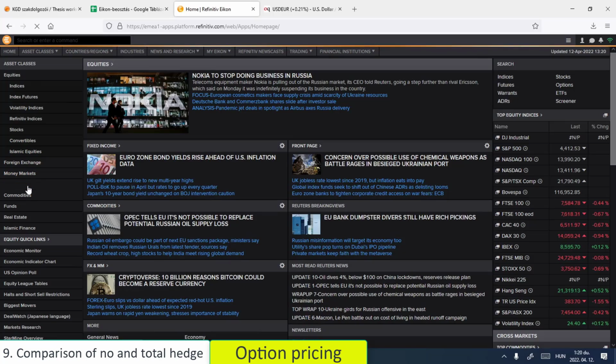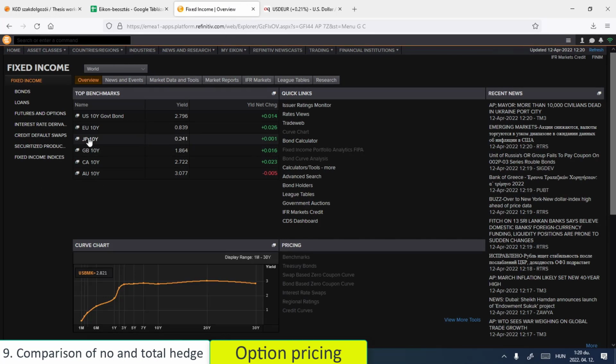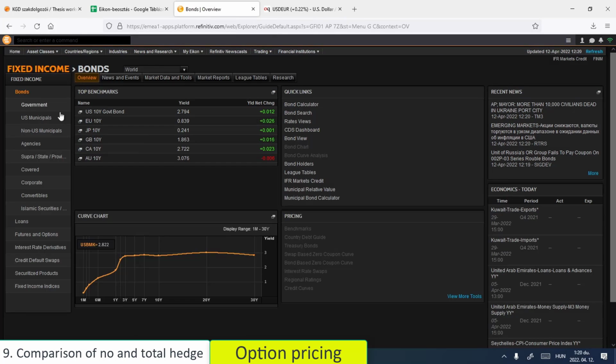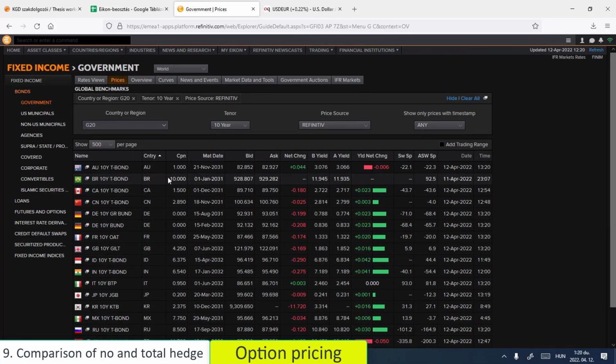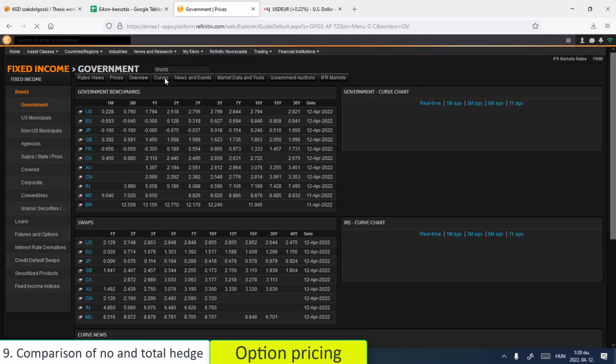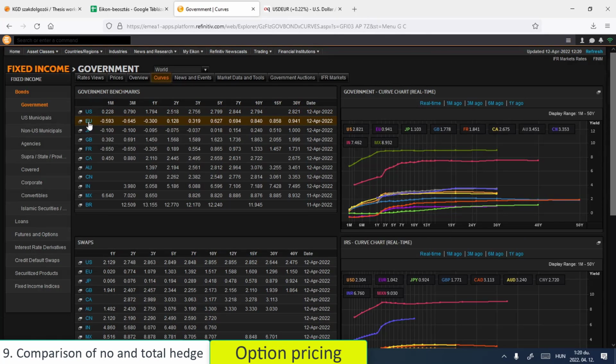Fixed income, and bonds, and government bonds, and curves, and we are talking about the EU.